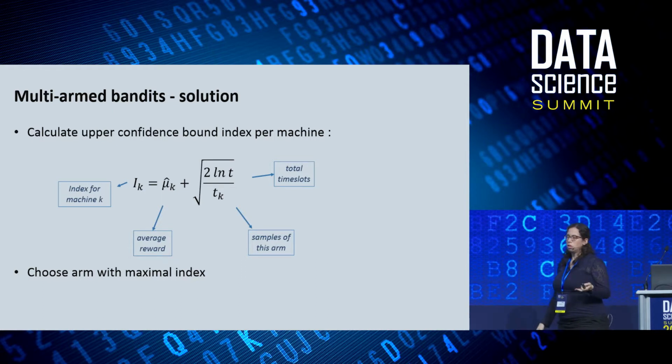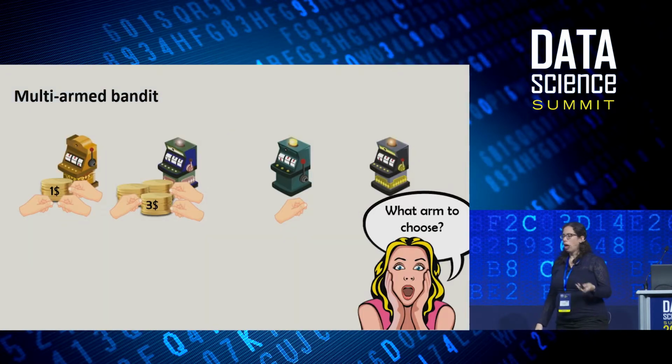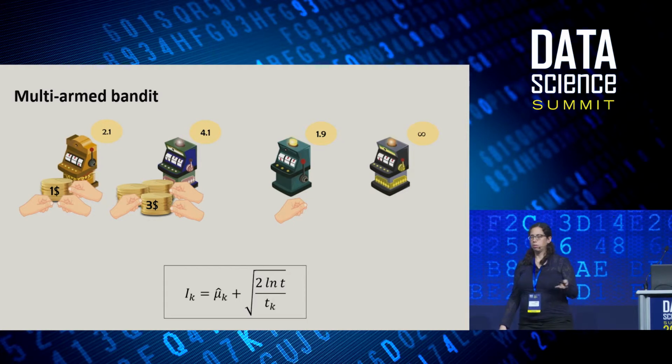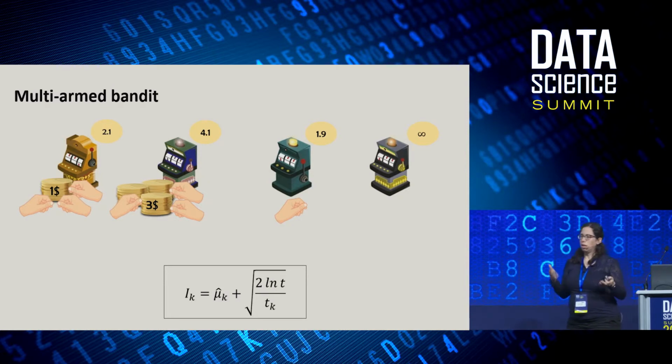So if TK is very small, I will probably choose this machine and not another machine. So let's go back to the example. In this situation, I can use this formula, calculate the index for each machine, and then select the highest machine, in this case, the fourth machine. So we prefer to continue the exploration before selecting the second machine, which gave us the highest reward till now.